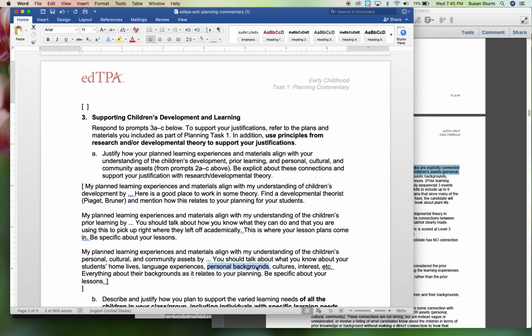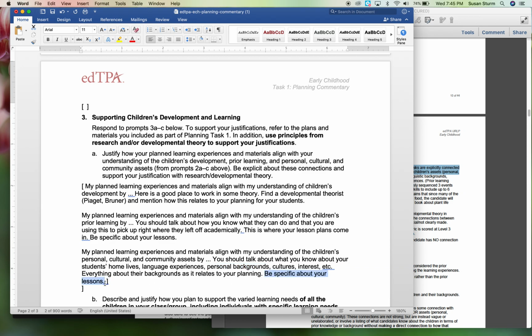This works well in writing pieces because often they're going to bring in their personal backgrounds to the writing that they do. So any point that you allow them to talk about themselves, their home lives, their personal interests, you are doing this. But you need to talk very intentionally about specific places in your lessons where this is happening.